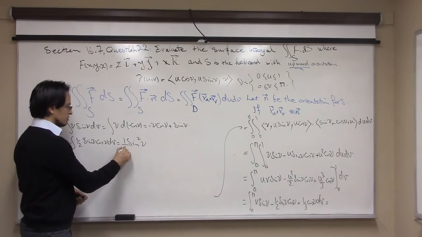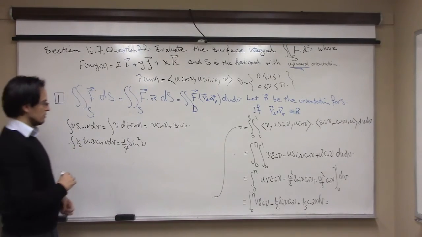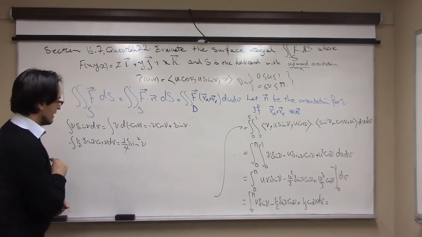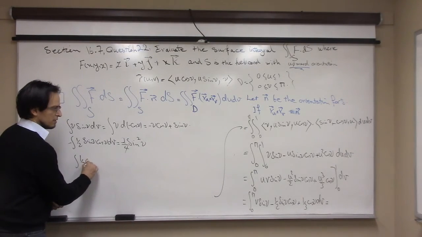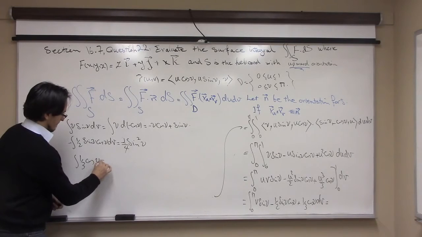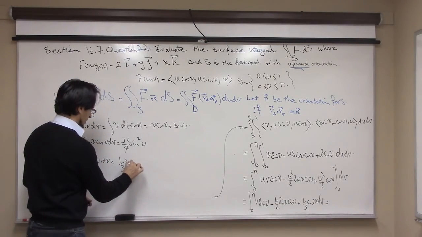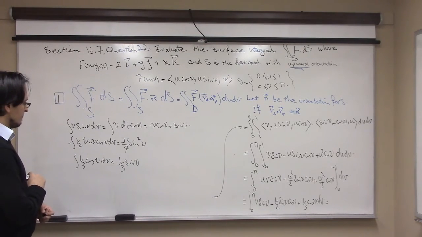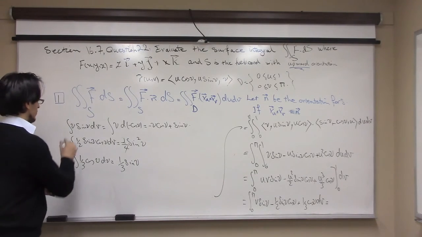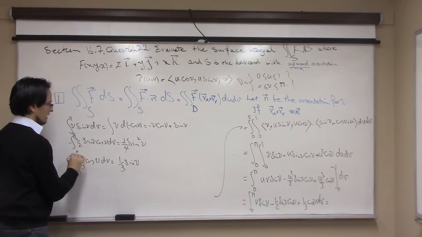And then there's another 2 there, so it is minus 1 over 4 sine squared v. And then the antiderivative of the last part, which is the easy part, is 1/3 of sine v. Now all of them go from 0 to pi.